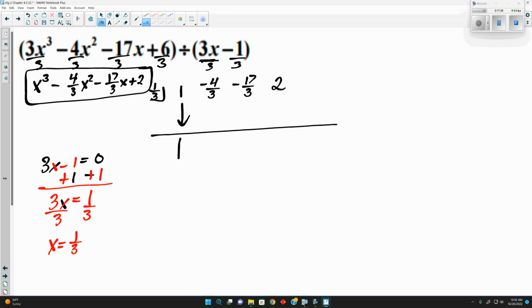Now we're going to do the exact same process. So we'll do 1/3 times 1, which is 1/3. Then we'll add straight down, negative 4/3 plus 1/3. You can do that in a calculator.